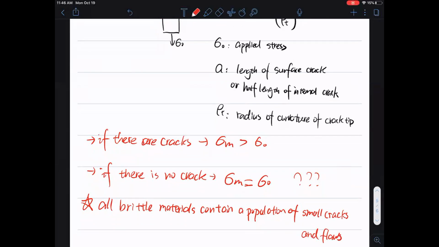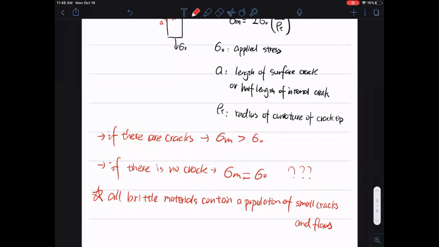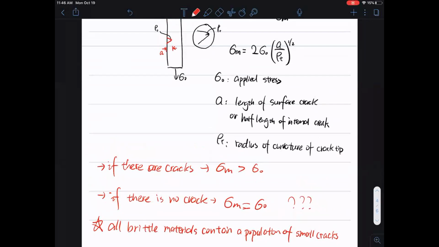Almost all brittle materials contain a population of small cracks and flaws. That tells you if you have brittle material in your design, you should use this equation to calculate the maximum stress. All right, is that clear? Does that make sense? Okay.